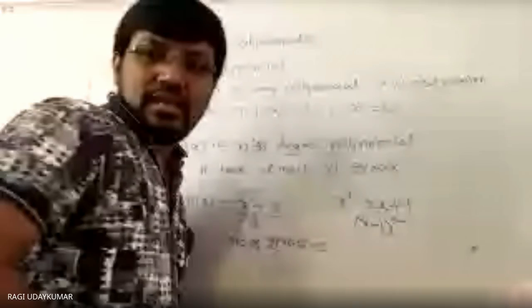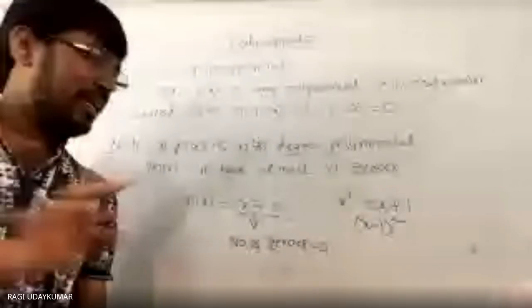So x minus 1 whole square means in the place of x, if you substitute 1, 1 minus 1 is 0, 0 square. So only the number 1 is possible.